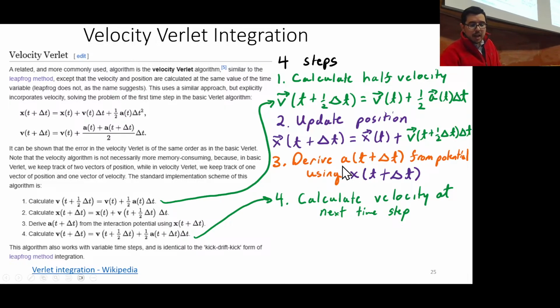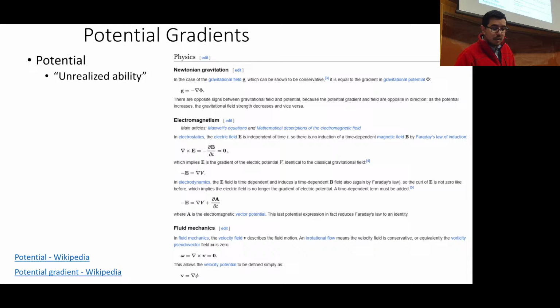Just real quick, how do you derive acceleration from a potential? We look to our experience in math: gradients. Gravity is the negative gradient of a gravitational potential. Electromagnetism has analogies: the minus gradient of the potential gives you the electric field.